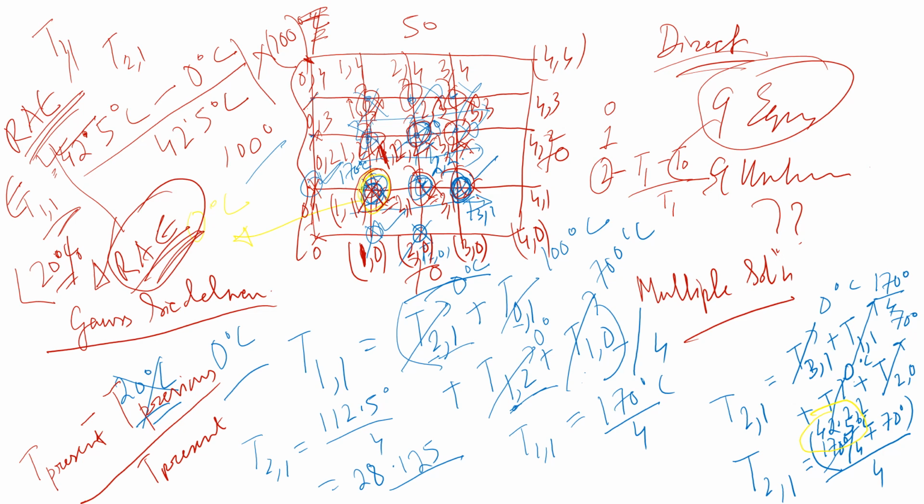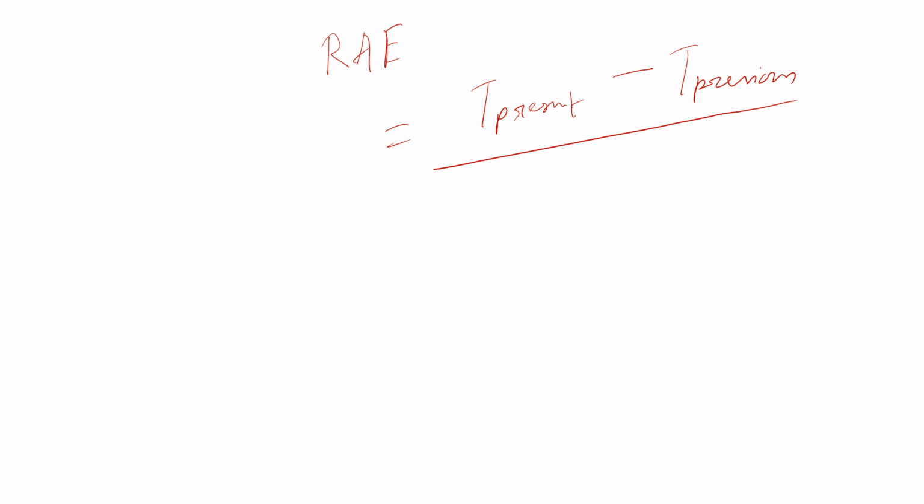So this will be your T2, then T1. Is it correct? No. So the correct form is relative. The formula of relative absolute error is T present minus T previous, divided by T present.